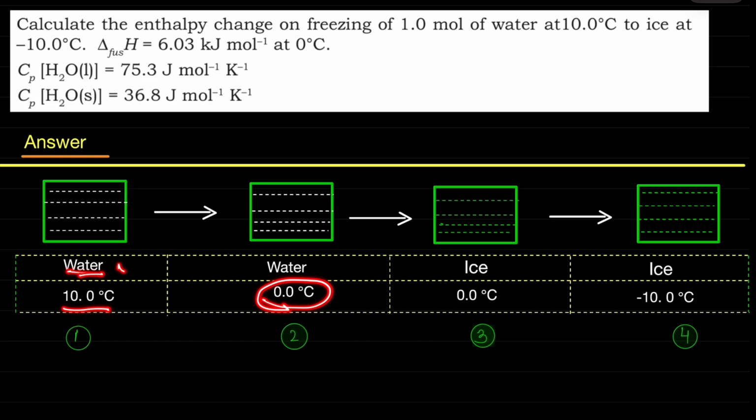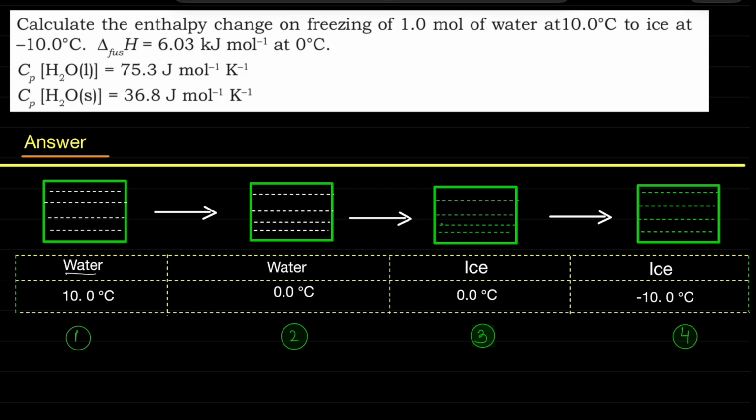It's in the liquid state. Now when this water will change to ice, during that time temperature remains the same. Temperature is not changing. After that, this ice at 0 degrees Celsius will change to ice at minus 10 degrees Celsius.